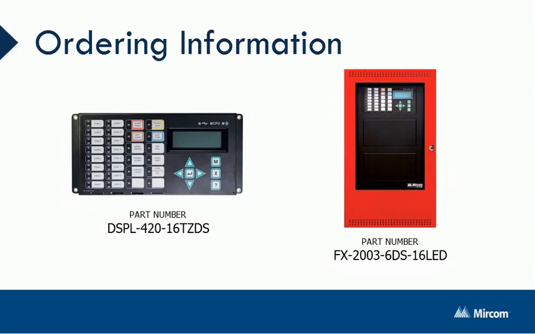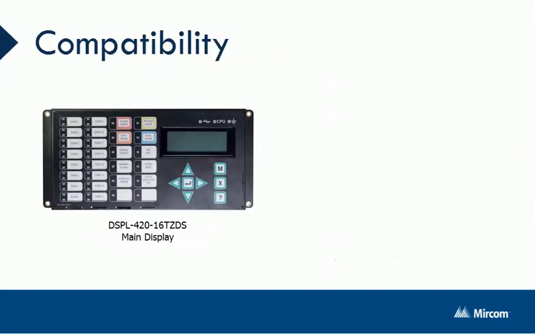It also consists of a dead front with a pre-installed DSPL 42016 TZDS under the part number FX2003 6DS 16 LED. Both of these products are a great option for when you need less than 16 LED zones of enunciation at an economical price.